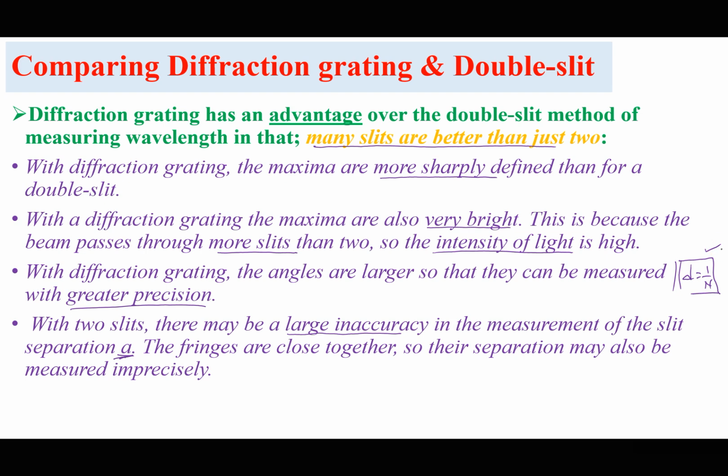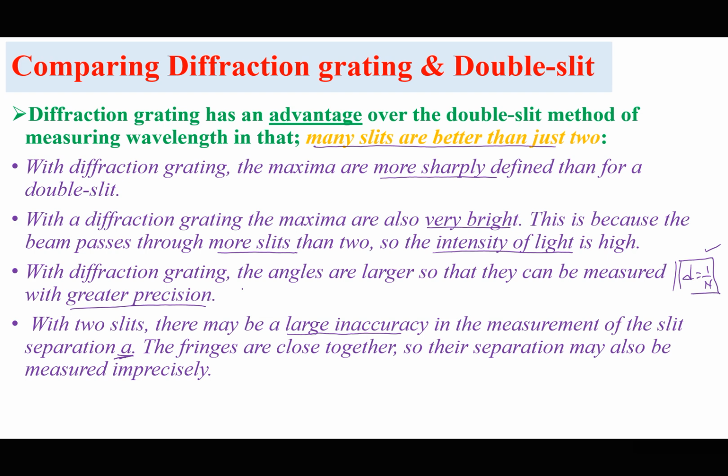So it means d is more precise than a. d for a diffraction grating, which is slit separation, is more precise than a for a double slit, which is also slit separation. So I said for a diffraction grating, the angles are large. And by the way, for a double slit, the fringe separation is not that big either. So even measuring it brings in another challenge of inaccuracy.